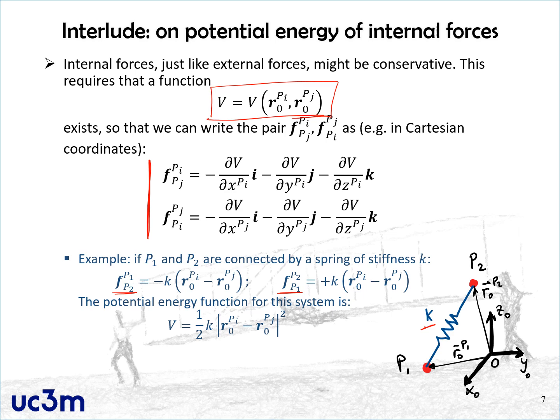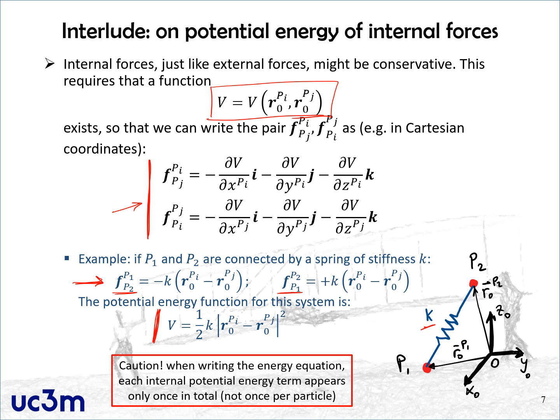We know that springs are conservative, so in this case we can find a potential energy function, which is the one that you see here on the slide. You can check that if you take the partial derivatives as explained here with respect to each of the coordinates for the position of Pi and Pj, you will recover the forces as you have them over here. So this satisfies the definition of the potential function.